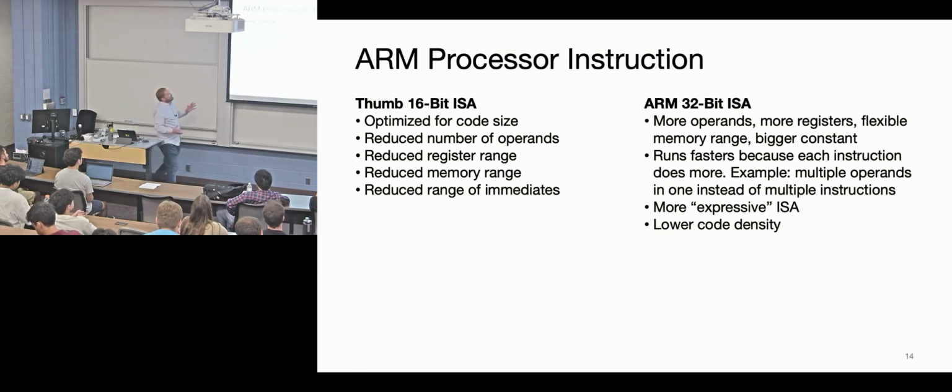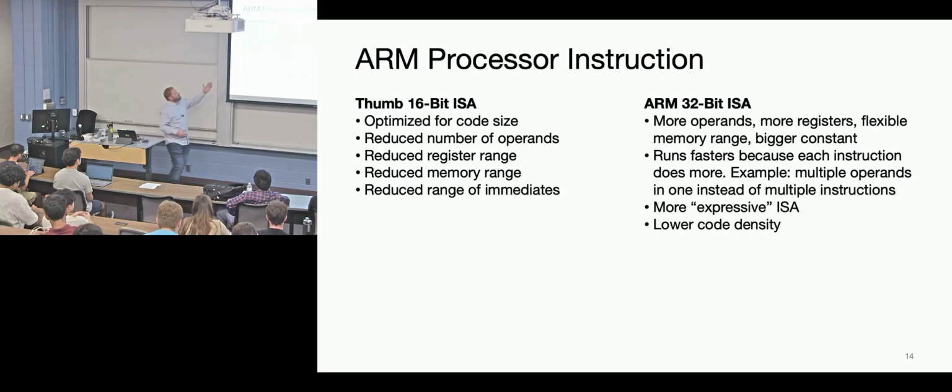And so there are optimizations here. A 32-bit instruction set is more expressive, right? In those 32 bits, you can get more done. You can do maybe an add and a multiply together, right? You can address more memory space than you can with 16-bit, but it's going to take up more space. Your program space is going to be larger.